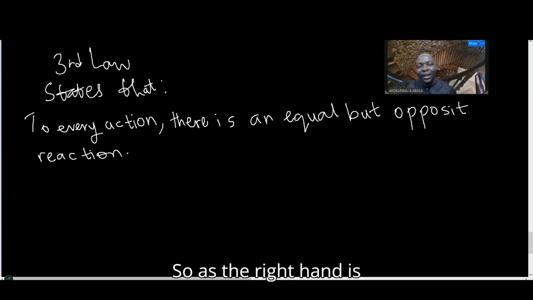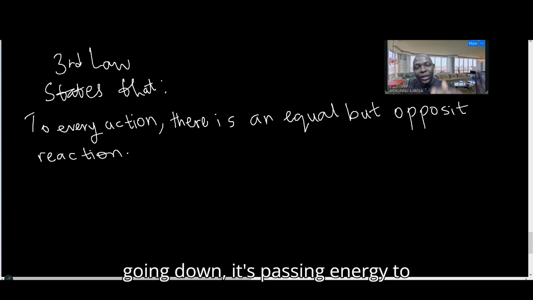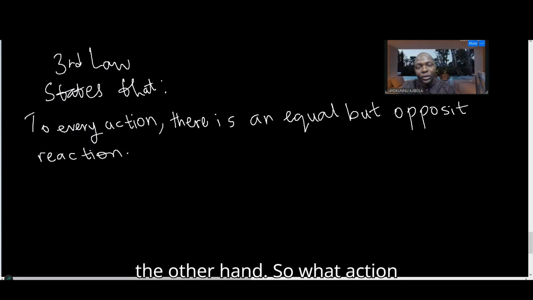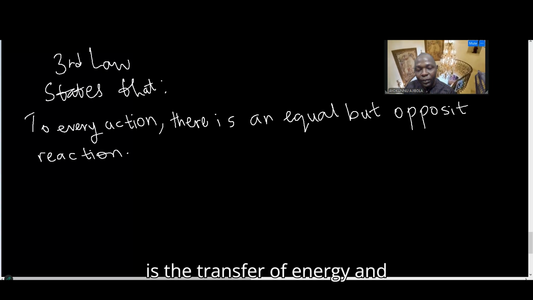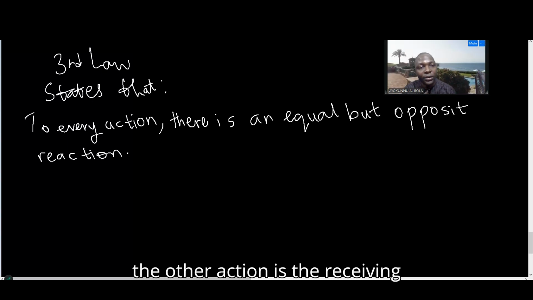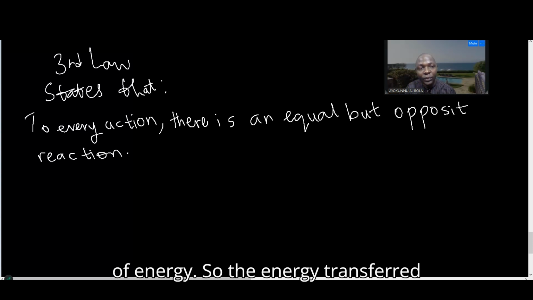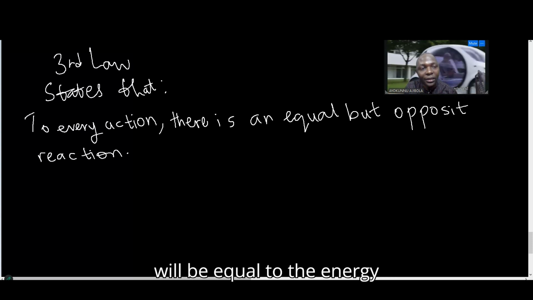As the right hand is going down, it's passing energy to the other hand. So one action is the transfer of energy, and the other action is the receiving of energy. So the energy transferred will be equal to the energy received.